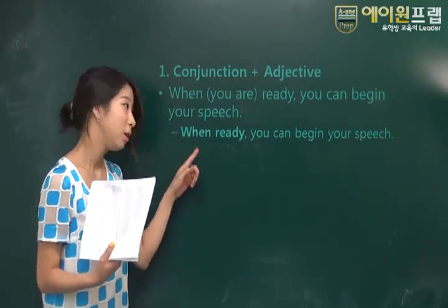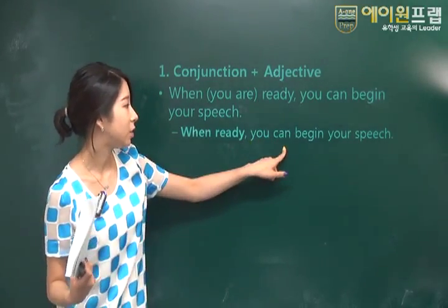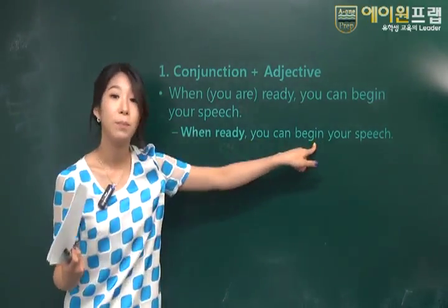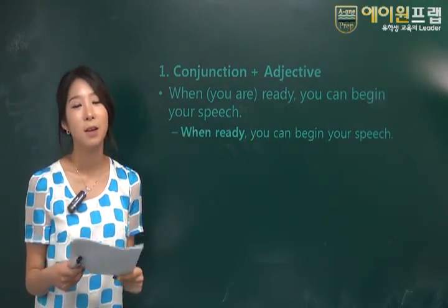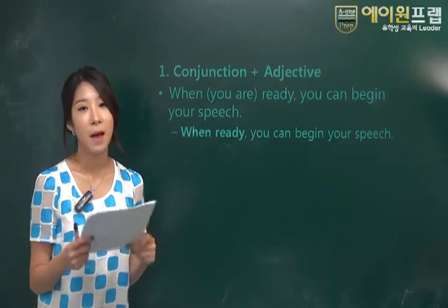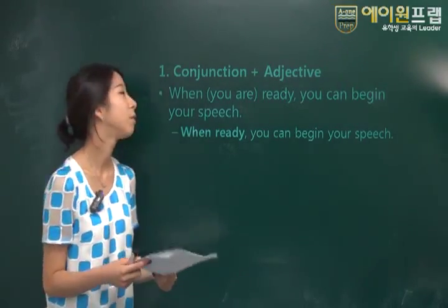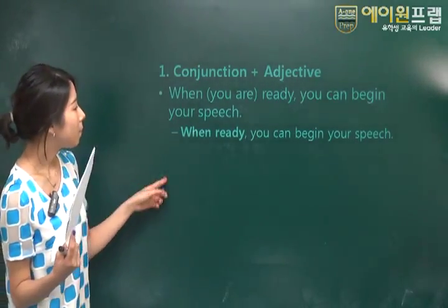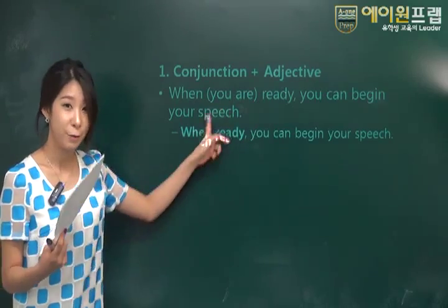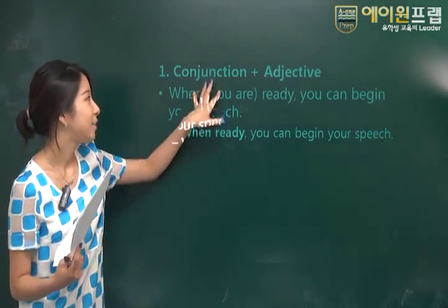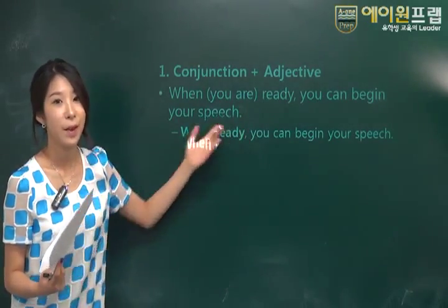It's an adverb because it modifies "you" and your action, the verb "begin." So as I said in the last lesson, what's the role of an adverb? An adverb usually modifies a verb, right? So that is a clause that acts as an adverb. So it's called an adverbial clause, and it's made of conjunction and adjective, okay?